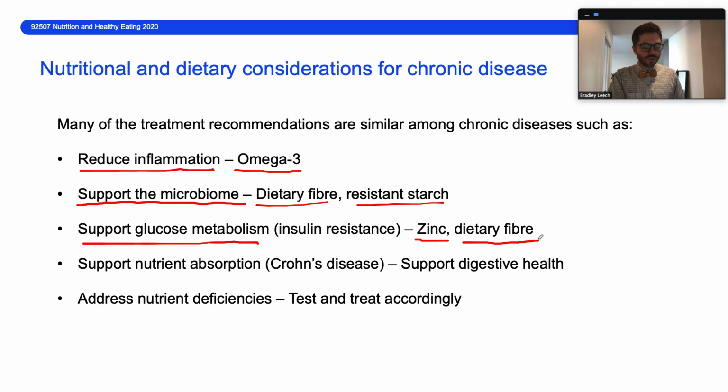Other elements to take into account when looking at chronic disease is nutrient absorption. Just because you take it doesn't necessarily mean you will absorb it. An example of this is Crohn's disease. Crohn's disease is an autoimmune disease affecting your small and large intestines.